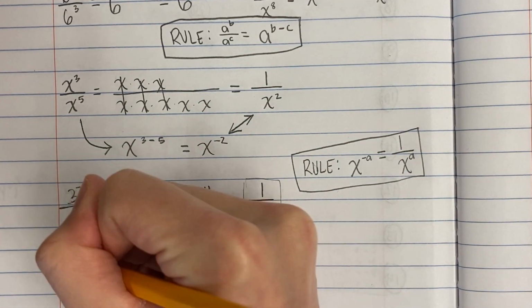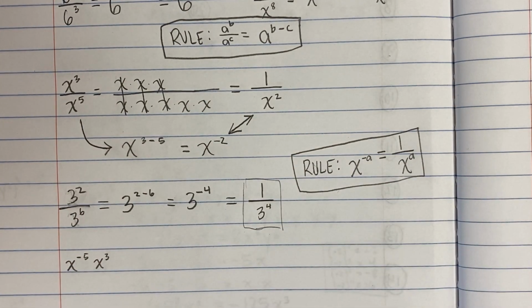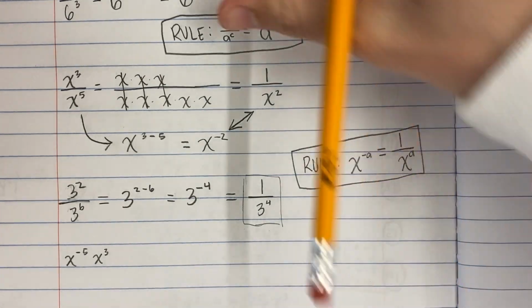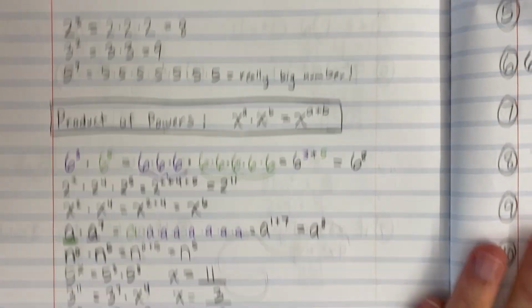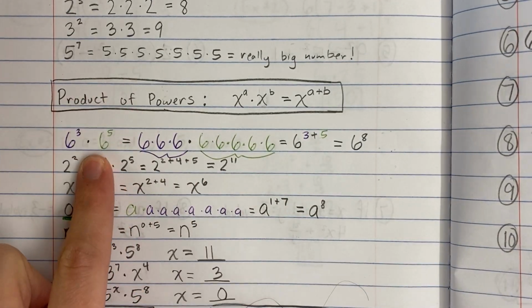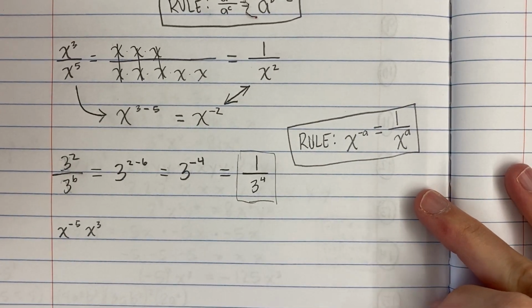Let's say I have something like this. Now this looks kind of like what we did in our first video way back in assignment number 3, right? And what did we do? We added our exponents, right? We can approach this in 2 different ways.